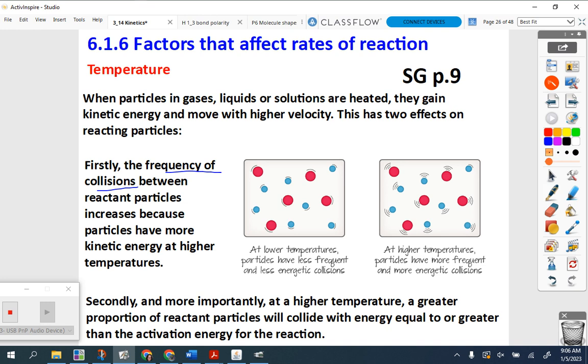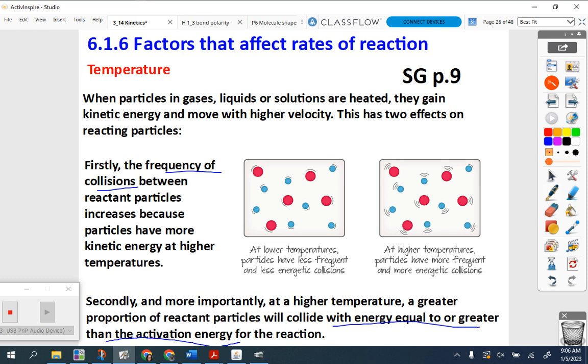With temperature, we have a second effect as well, because we're increasing the probability or the frequency of the collisions, but we're also increasing the effectiveness of the collisions because we have more particles that are going to be over the activation energy threshold. So we're going to have two things happening when we increase temperature.